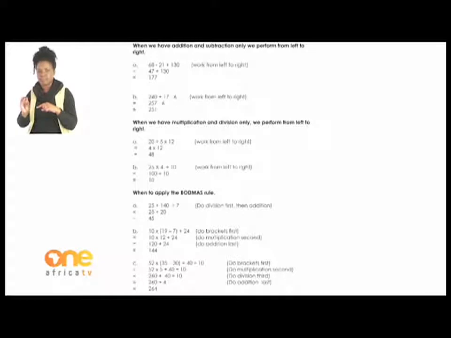Now we do the division part and we say 100 divided by 10 equals 10. So this is when we only have multiplication and we only have division. Now we have a few examples where there's plus, division, brackets and everything. So let's try these examples. But I want us to try one of these examples on the chalkboard. So let's go to the chalkboard.